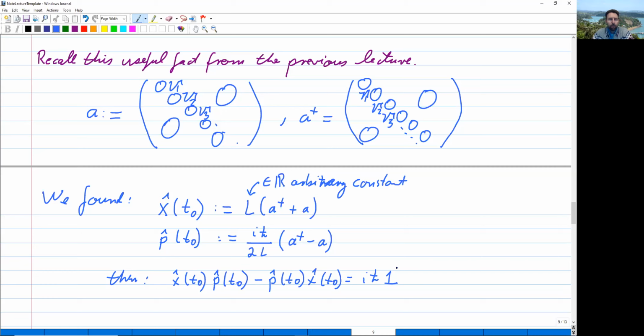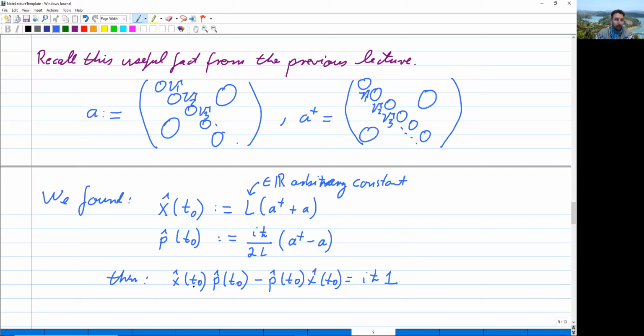You see, to prove this is something completely pedestrian. You just take this x hat of t naught, which is defined as L times the sum of these two matrices. So it's some big matrix with infinitely many entries, but a very explicit concrete matrix. And then you take the p hat, which again, by these instructions, is a very explicit concrete matrix with, yes, infinite by infinite matrix elements, but very concrete.